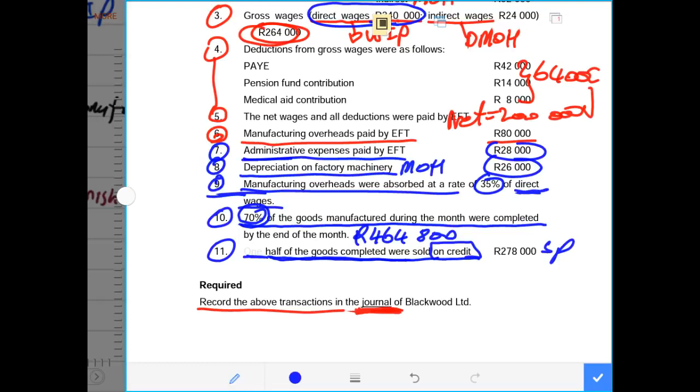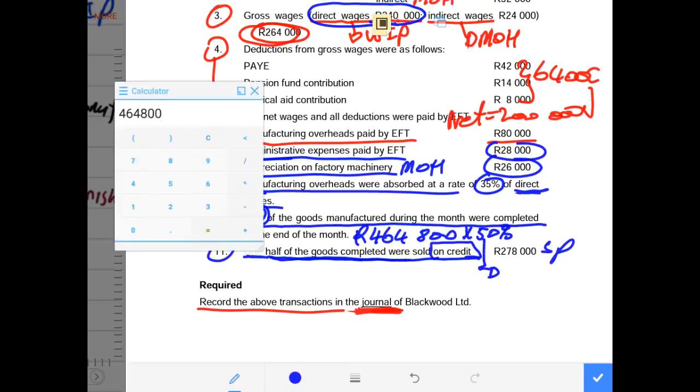So now, if there was no opening balance, half of this will have to be recorded as the cost of sales. So in simple terms, we just divide that by 2, or you can multiply that by 50%. It does not matter, you'll get to the same amount.